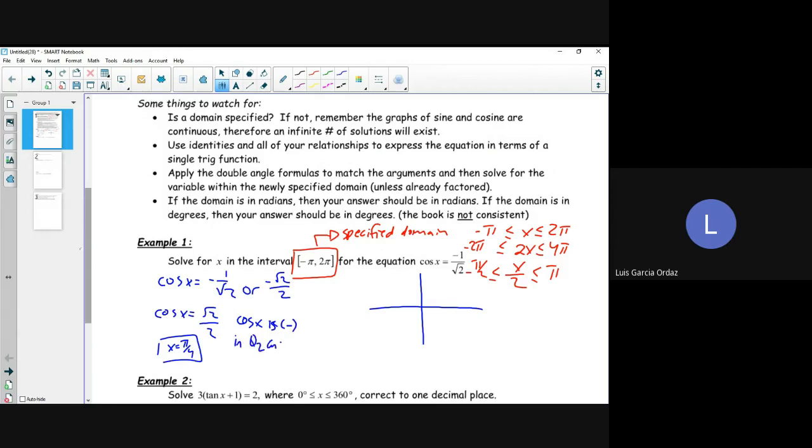Which means it can be in this place over here in quadrant 2 and in quadrant 3. So remember, this is 2 pi, this is pi over 2, this is pi, and this is 3 pi over 2.